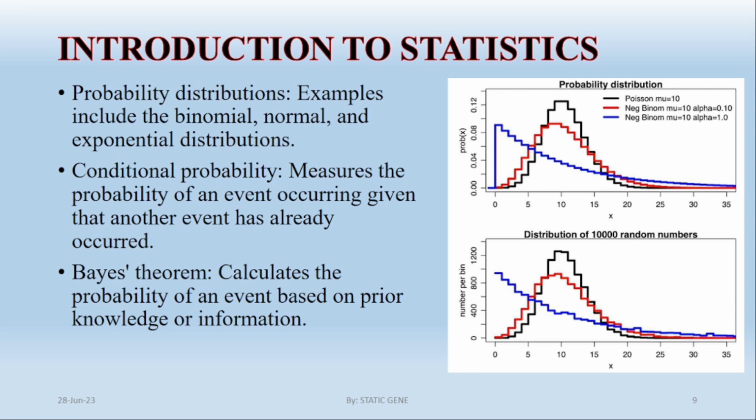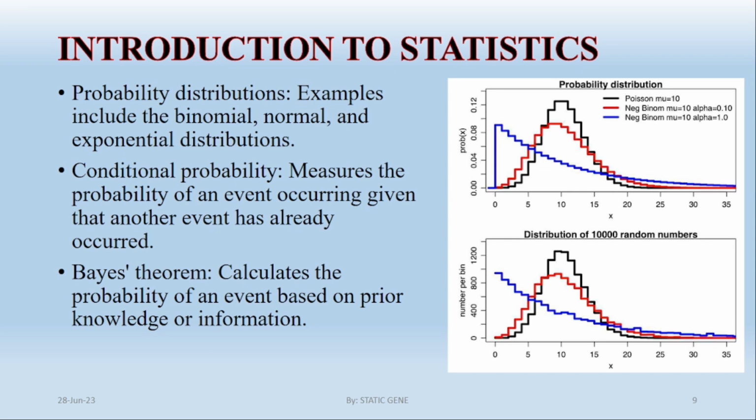This calculates the probability of an event based on prior knowledge or information. Now, Bayes' theorem is applicable in so many areas, from machine learning to phylogenetics, algorithms, all sorts of things. But the basic principle is the same, that there is prior information about something and then you try to predict. For example, if we want to predict the life expectancy of a person, then we consider so many things.